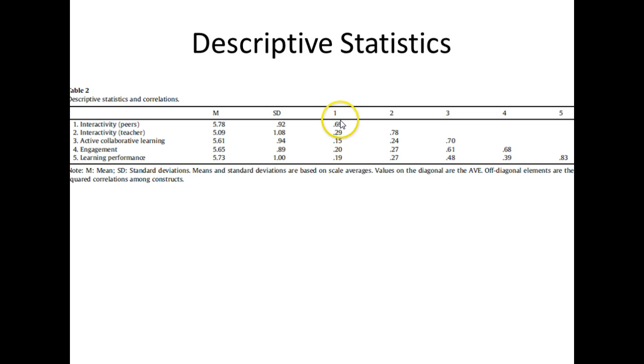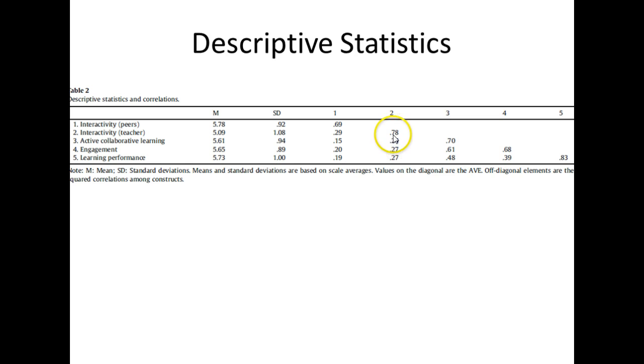And the values that are on the diagonal are the average overall R value or relation between that particular construct and the entire model. So 0.69, 0.78, and so on.